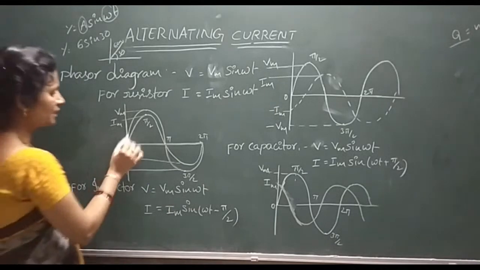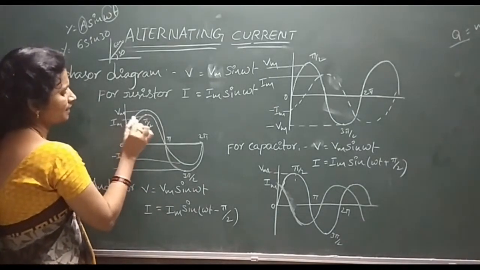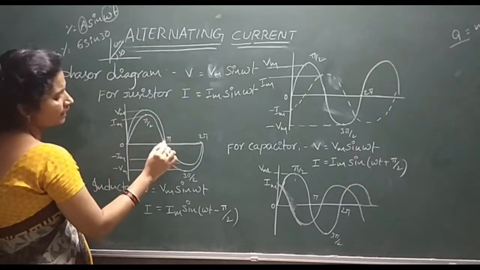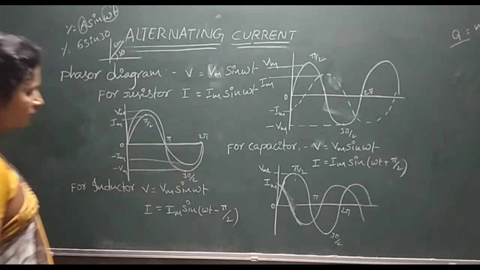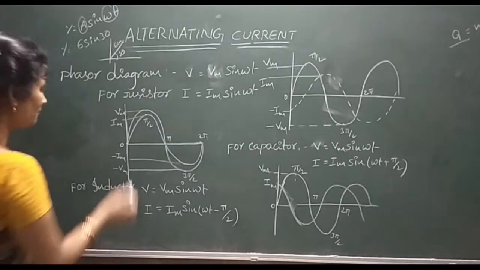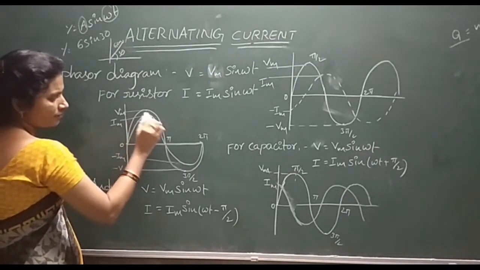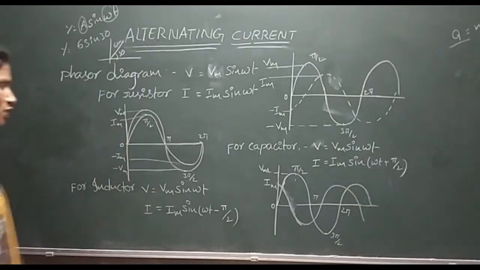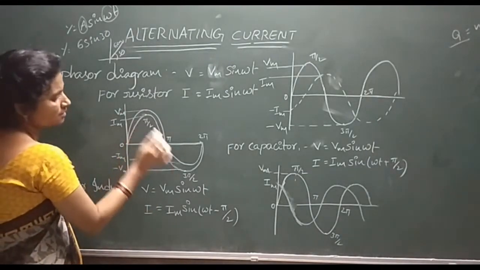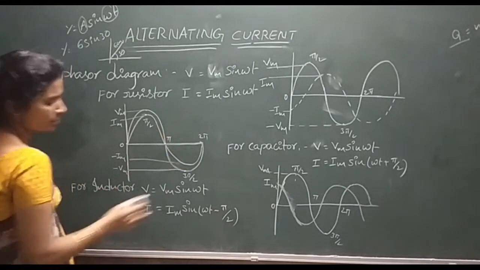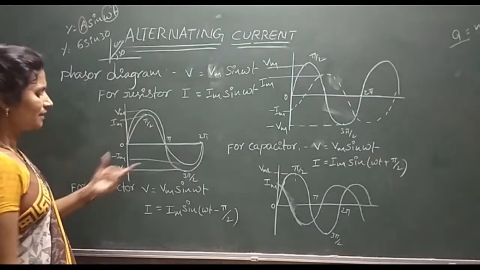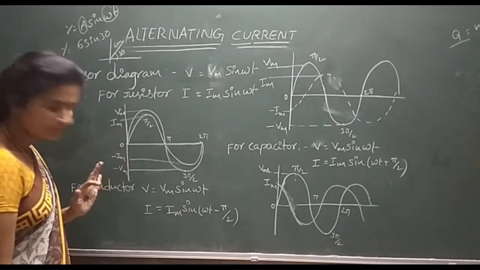Here this is current and this is voltage. These two overlap each other, so there is no phase difference. One half is positive and the other is negative, so the average current is 0. So for the resistor there is no phase change.